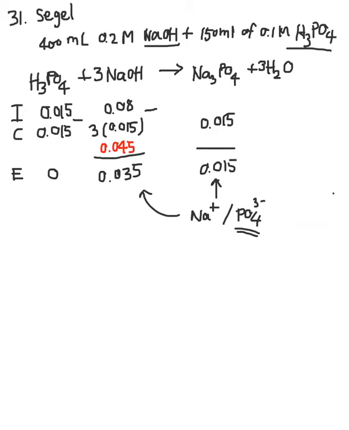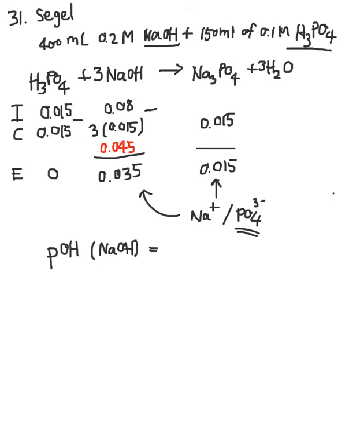So in this case, we can calculate the pH of the solution at equilibrium by just focusing on the sodium hydroxide part, and because it's the base, you first have to calculate pOH from sodium hydroxide.